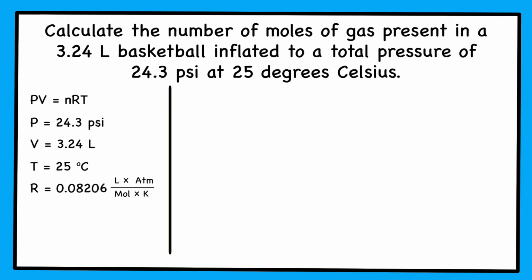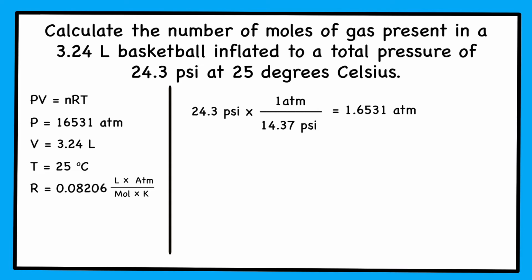So let's convert 24.3 psi into atmospheres. We do this by multiplying it by 1 atmosphere over 14.37 psi. Once I multiply and divide out, I get 1.6531 atmospheres. Now that we got that taken care of, let's do temperature. To convert from Celsius to Kelvin, all I have to do is add 273.15 to my Celsius reading.